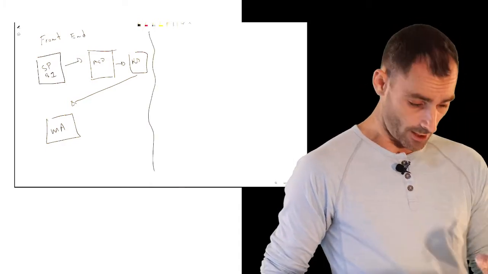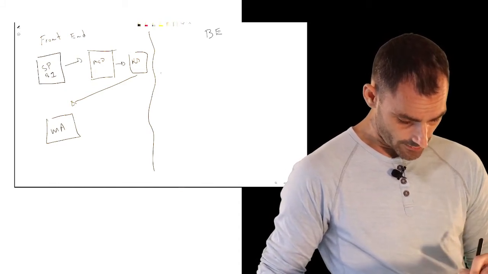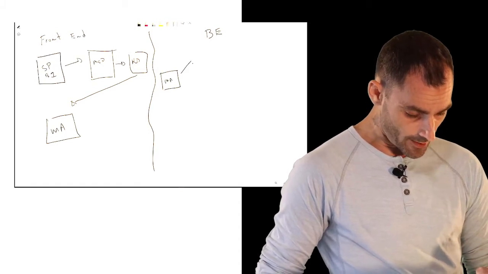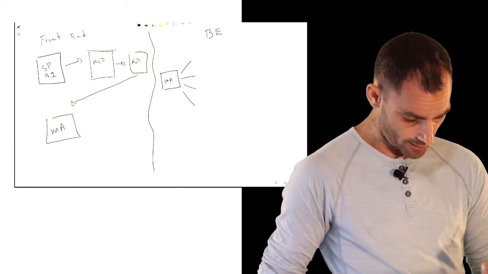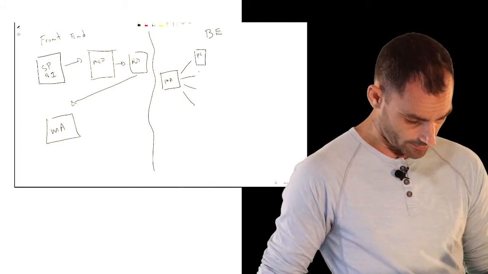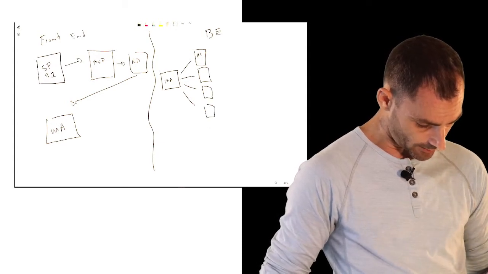Now we're going to come over here and show the back end. On the back end, we essentially have the members area. The members area leads to a bunch of different paid contents.